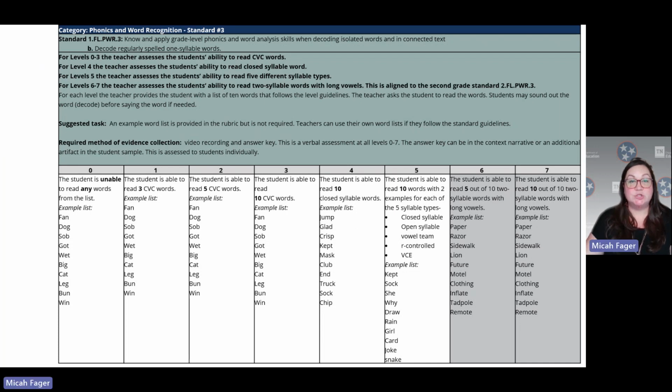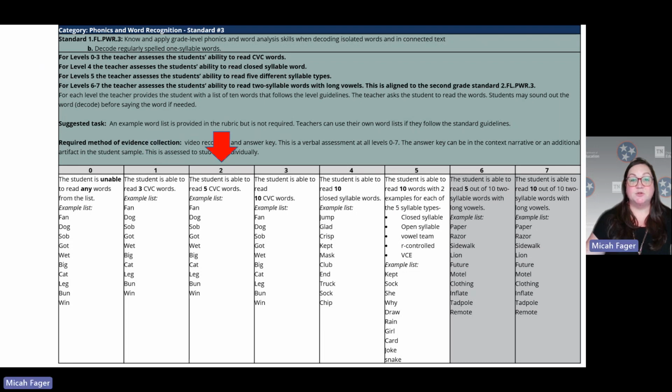After you have assessed your students, then it is time to score the student work. There is a rubric provided to help you with scoring. If the student is unable to read any of the CVC words, then the student work sample receives a level 0. If the student is able to read 3 CVC words, then the student work sample receives a level 1.